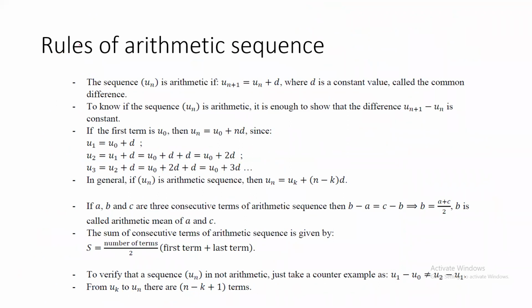Okay, rules of arithmetic sequence. These rules should be memorized.